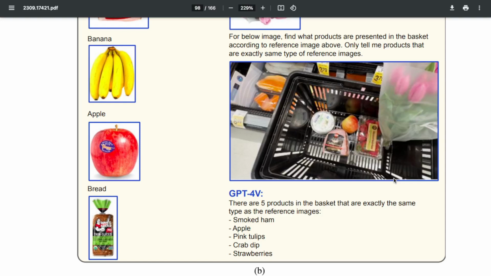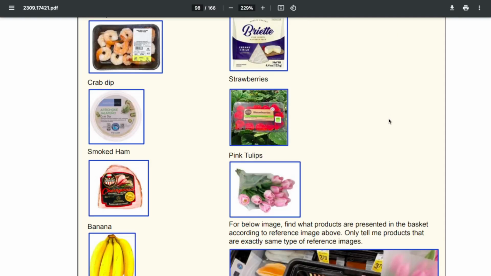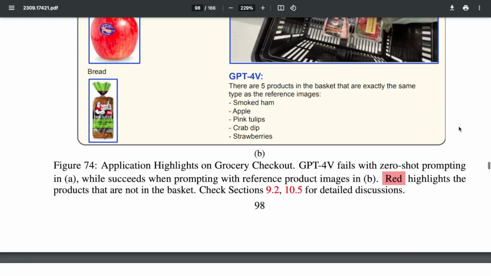Smoked ham, apple, pink tulips, crab dip, and strawberries. This can easily be used by grocery stores for quick checkouts. Enter the grocery store, pick up the item you're looking for, take a picture of it in the basket, and automatically get charged. Obviously, GPT-4V will need to get to a very, very accurate level before this can be implemented at scale.